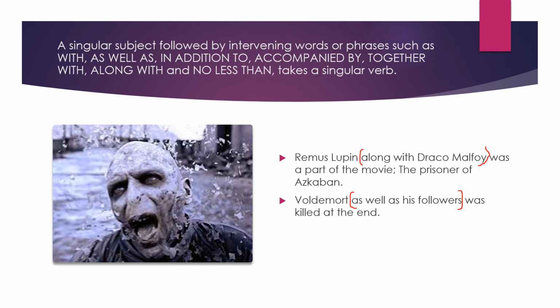In that case, because we have as well as he himself, it will be put in the parenthesis. We only will be having the followers of Voldemort. So followers is a plural noun, therefore the verb that follows will be plural: the followers of Voldemort were killed at the end.